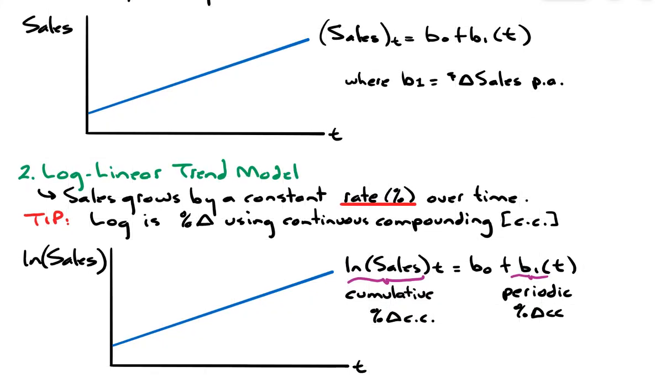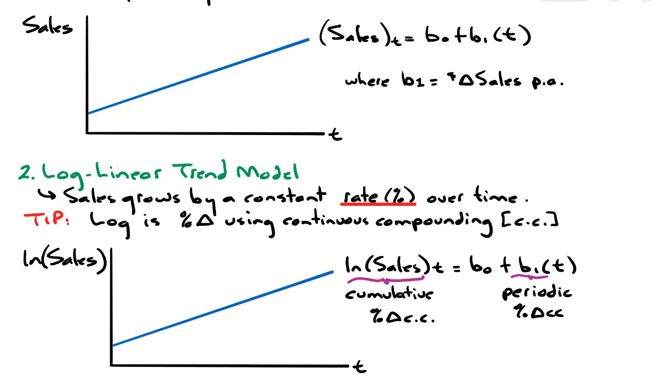Now the other variation of a trend model is the log linear trend model. In this context, sales would be growing by a constant rate or percent over time. Here's the tip that I have for you, because you're going to see log or logarithm throughout the whole curriculum. So do yourself a favor: whenever you see log, just think percentage change.